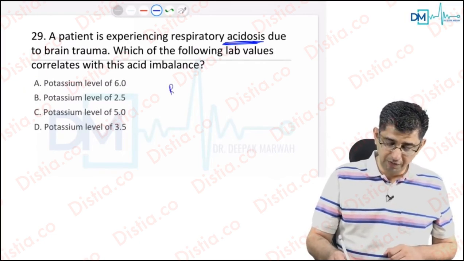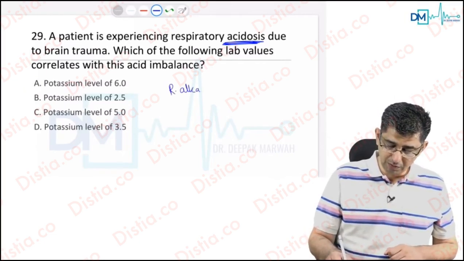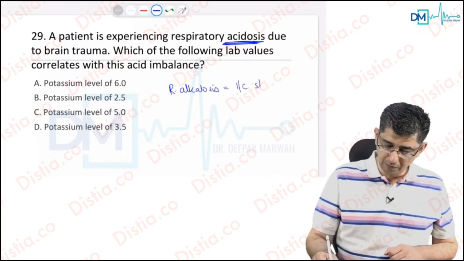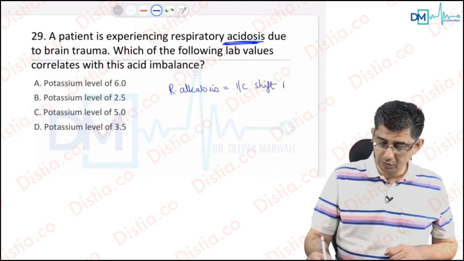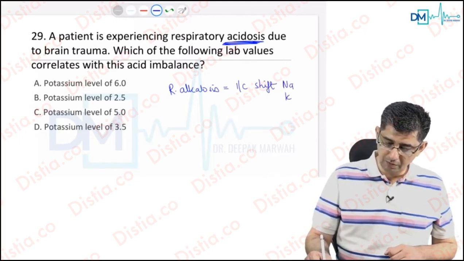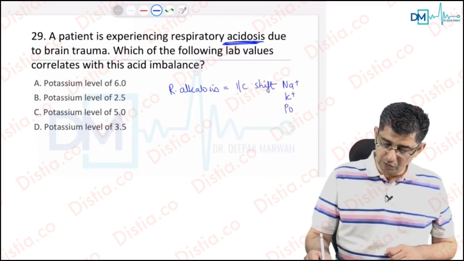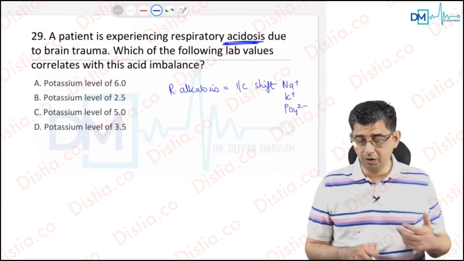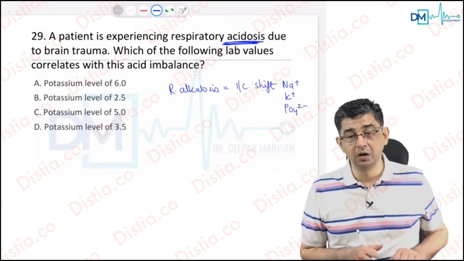I have explained to you the fact that respiratory alkalosis contributes to intracellular shift of ions like sodium, potassium and phosphate. So in patients who are having respiratory alkalosis, you could be having a hyponatremia, hypokalemia and hypophosphatemia.